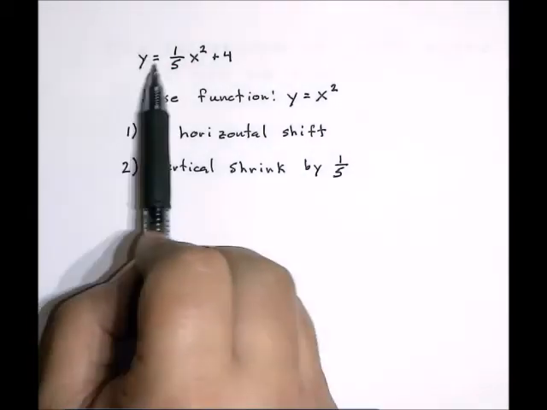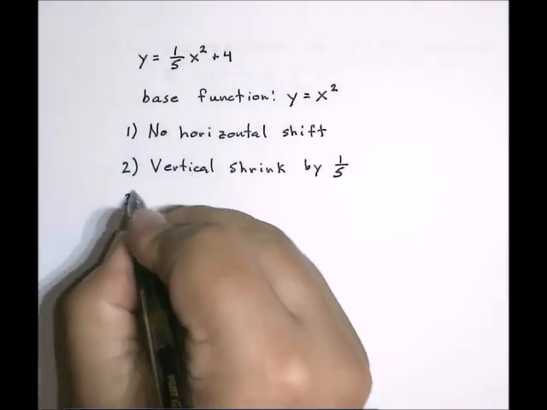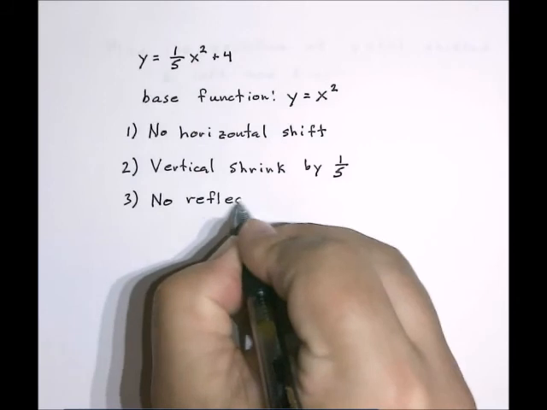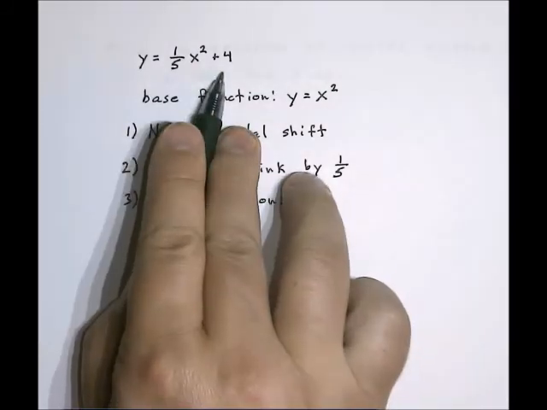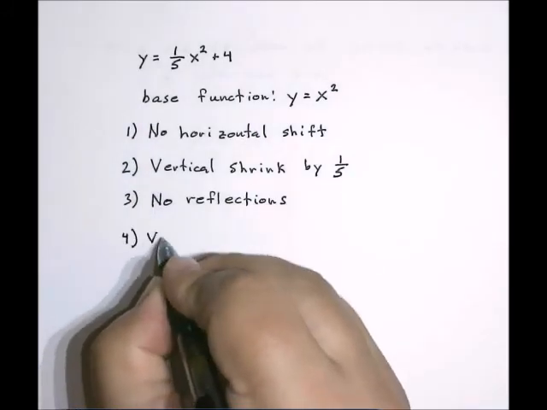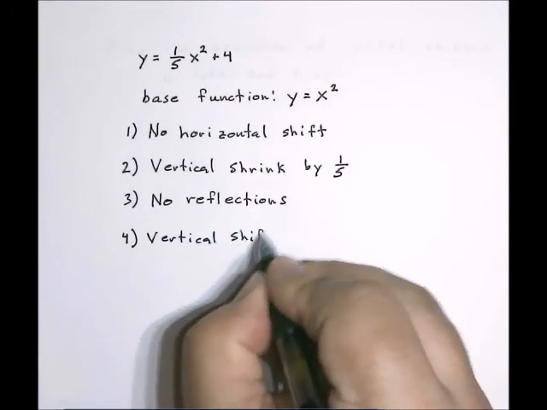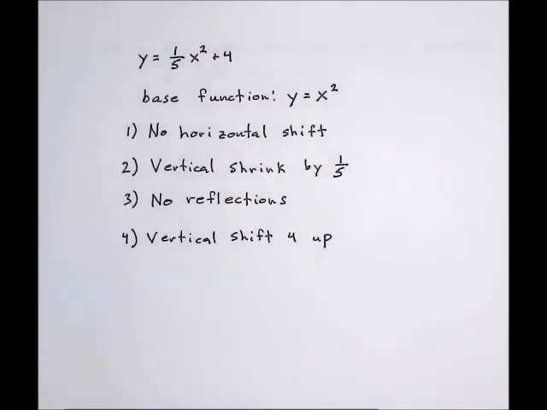See, there's no negatives out here or here, so there are no reflections. But we do have a vertical shift, 4 up. And we're done with this one.